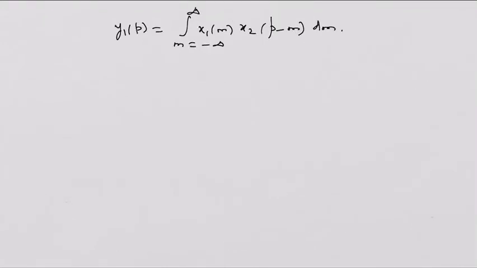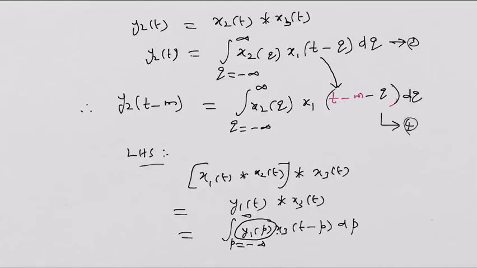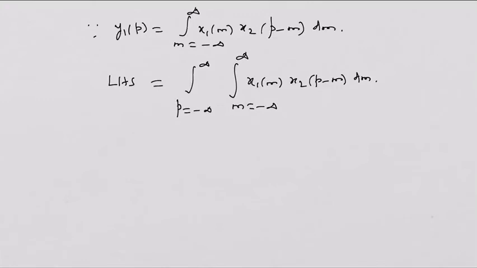Now you can notice that LHS will simply become the integral with p varying from minus infinity to plus infinity, with y1 replaced by the integral with m varying from minus infinity to plus infinity, x1 of m into x2 of p minus m into dm, where the x3 term is also pending, isn't it? x3 of t minus p into dp should be included here.